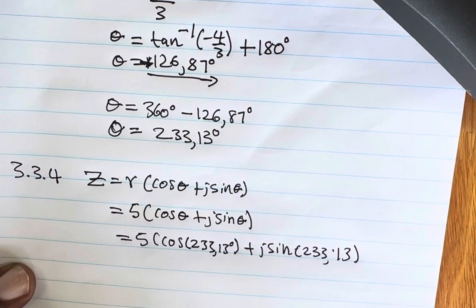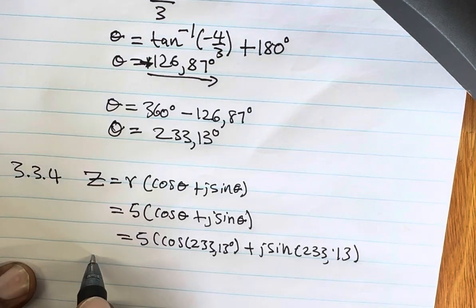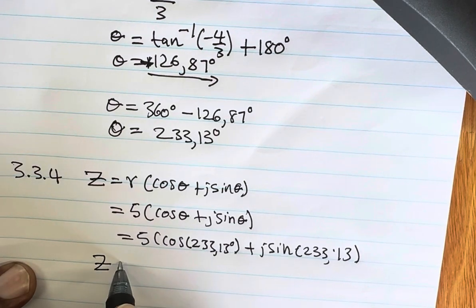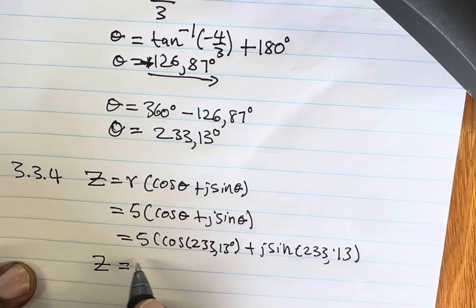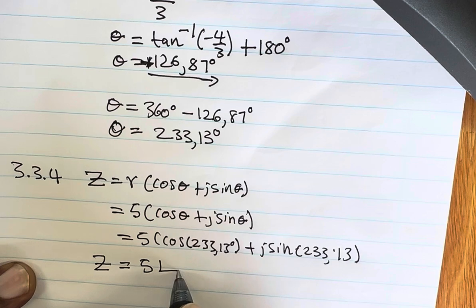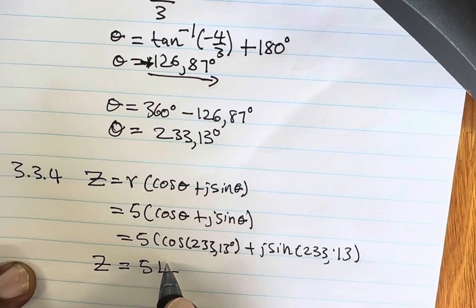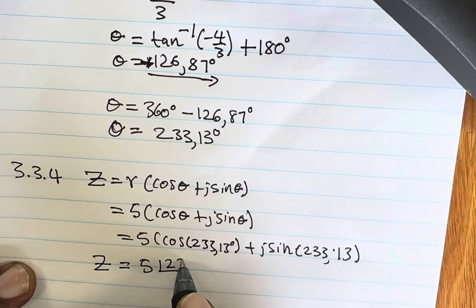But now you can always write it in this way: z equals 5 cis of theta, which is 233.13 degrees. Nice.